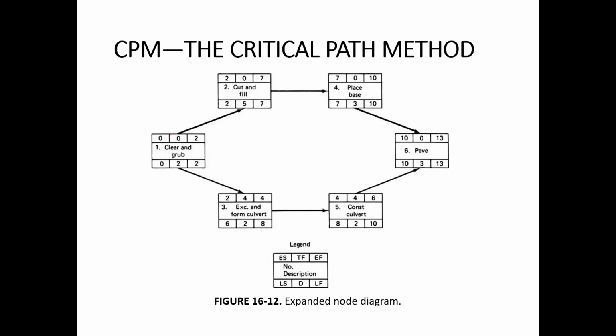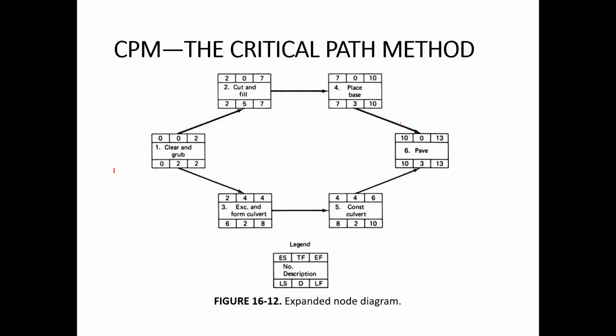Okay, 0, and then 0 plus the duration. So we can see that the duration is here. So 0 plus 2 will be 2. Okay, and then 2 plus 5 is 7, and then 7 plus 3 is 10.